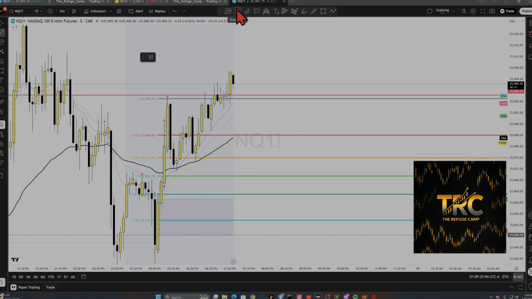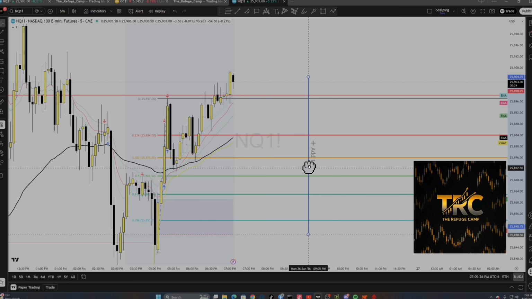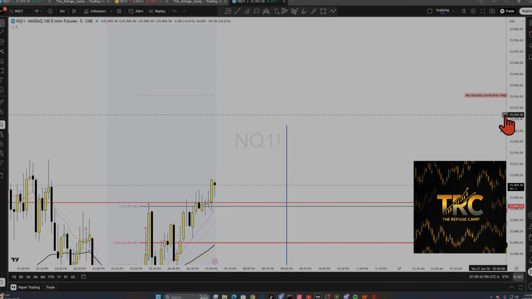So now you can identify a target, right? An upside target by simply drawing a line from the top to the bottom of that move and then putting that move at the 50% line down here. And that will tell you where that price should travel to.